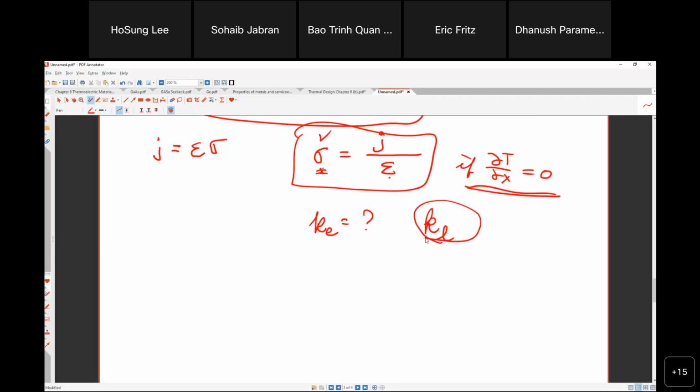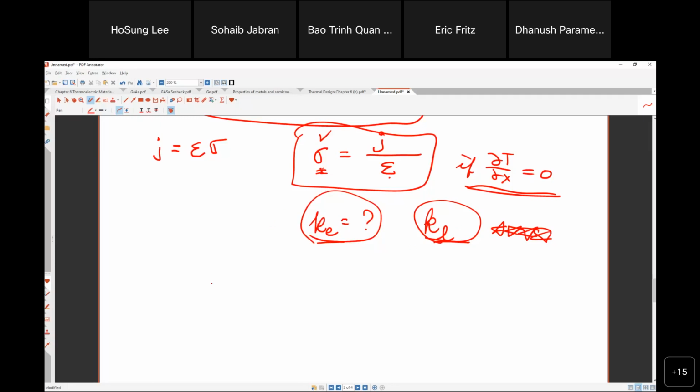Next week. This is electronic thermal conductivity. Lattice thermal conductivity is very important. I need several hours to discuss this. But today we will discuss thermoelectric transport properties one by one. Okay?